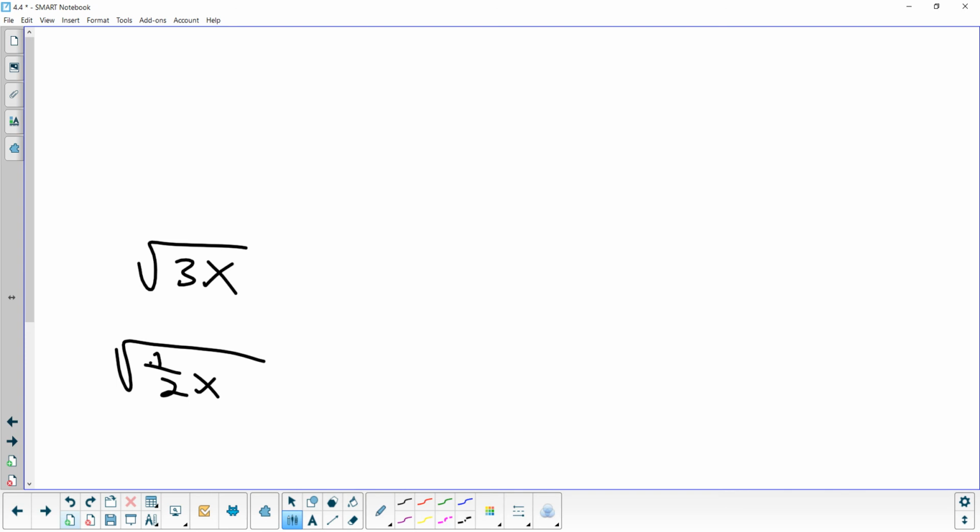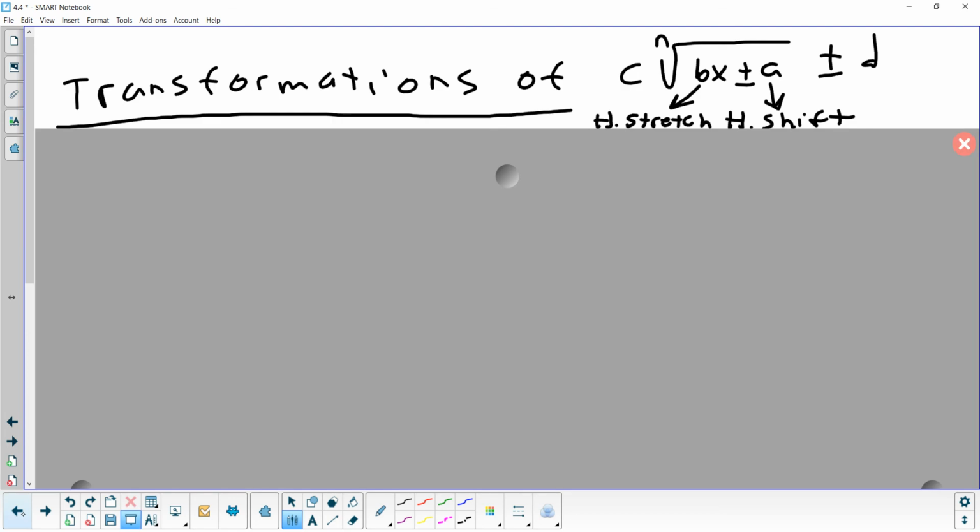So it's the opposite of what you would expect. This, if you were to graph it, would actually be a horizontal stretch by a factor of 2. This one is a horizontal stretch by 1/3. So it's the opposite. All right, how about C?